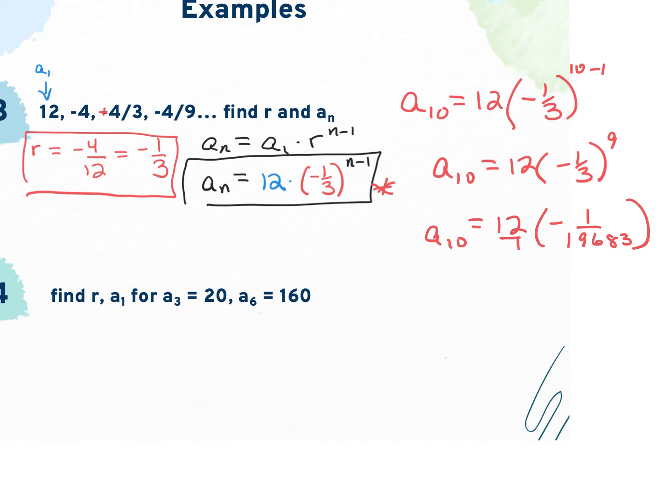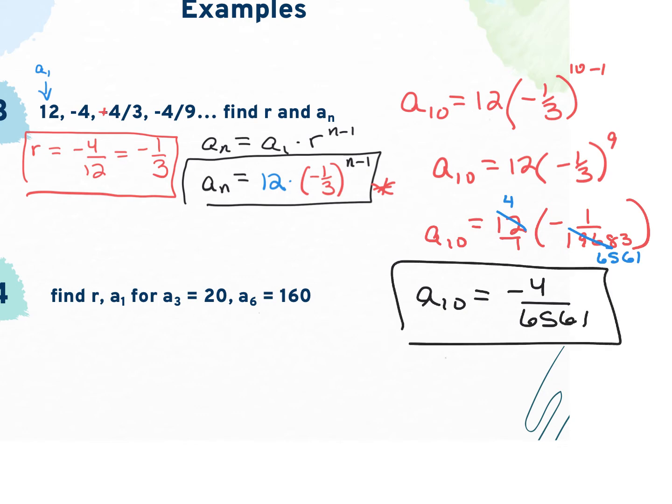So I could simplify the 12 and the 19,683. I can divide them both by 3. This becomes a 4. This becomes a 6,561. Now I'll multiply what remains, and my 10th term is -4 over 6,561. So don't make it a decimal, leave it as a fraction.